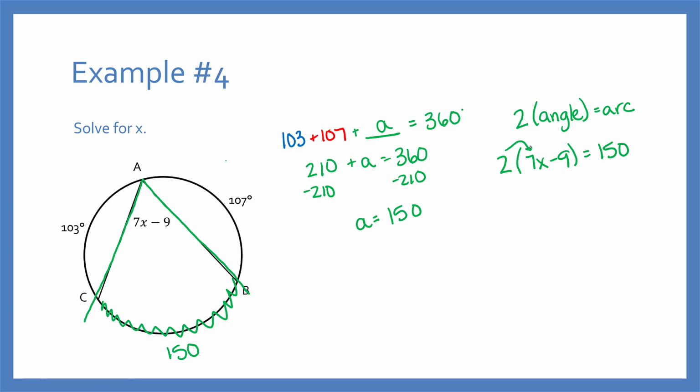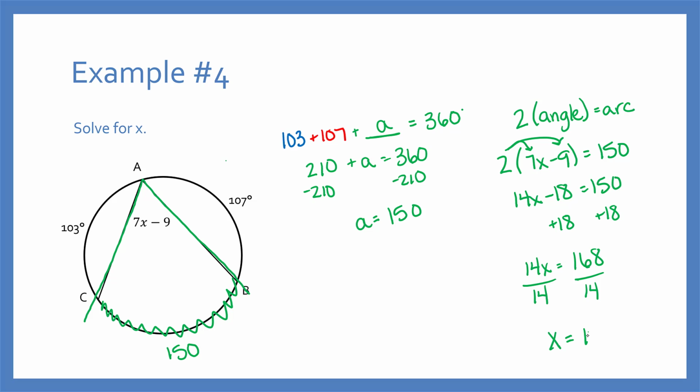Distribute your 2. 14x minus 18 equals 150. Add 18 to each side, and then divide by 14. And we have x equals 12.